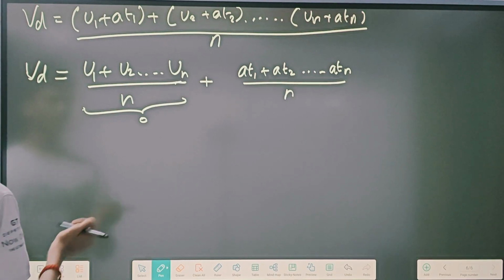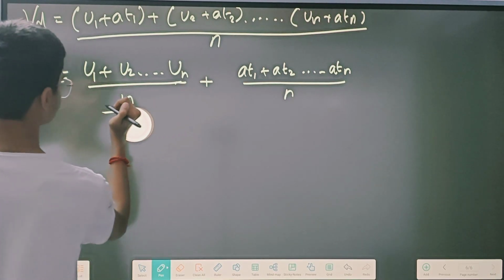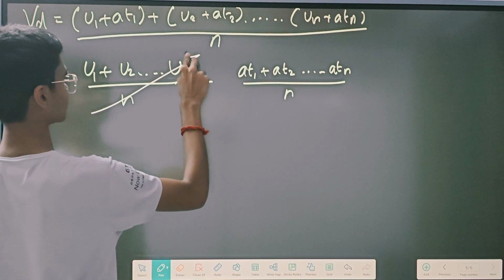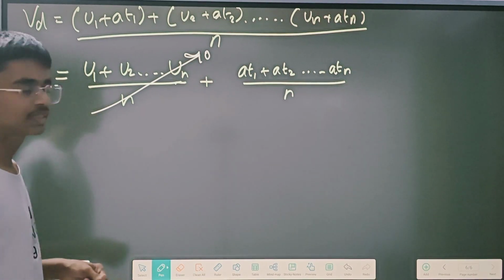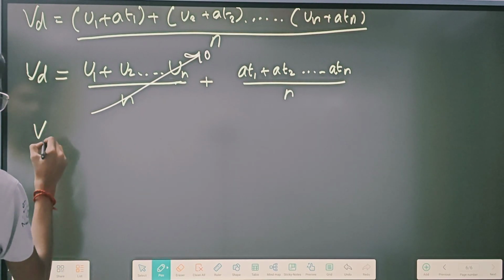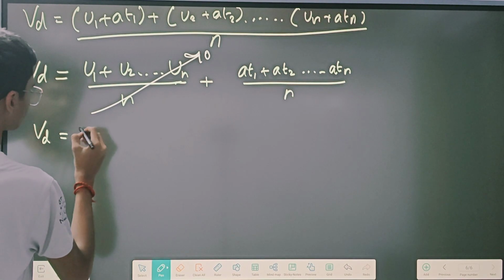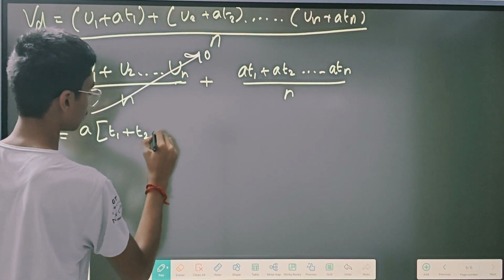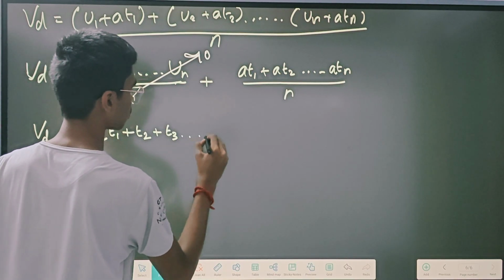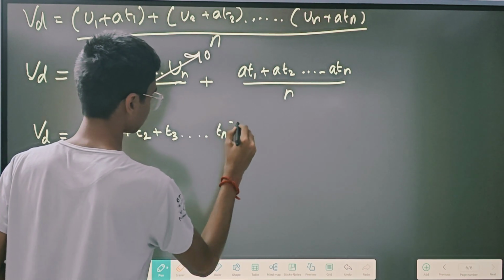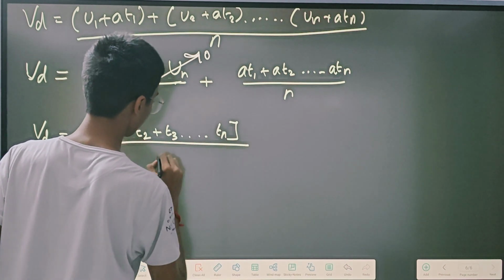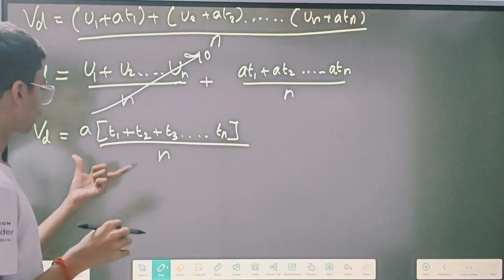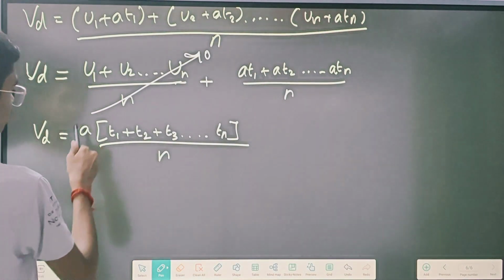Okay, so instead of writing it like this, I like to write it like this. Vd, the drift velocity, is equal to A times T1 plus T2 plus T3 and so on till Tn, whole by n. What is this term?